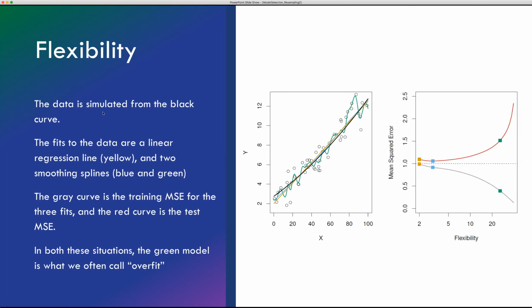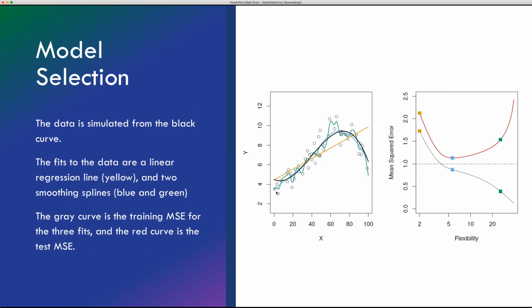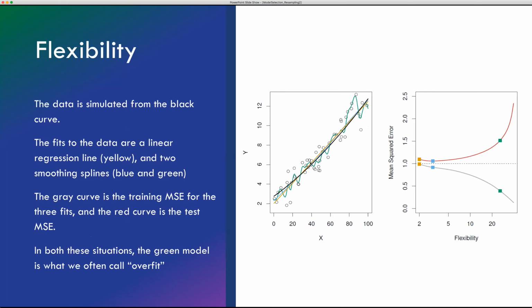Oh, sorry. This is a different data set simulated from this black curve. If you focus on this data, they are different, right? Because it's a different underlying true model. So again, this black curve is the true model, and we simulate data from it and fit the data with this yellow straight line and also two smoothing splines.